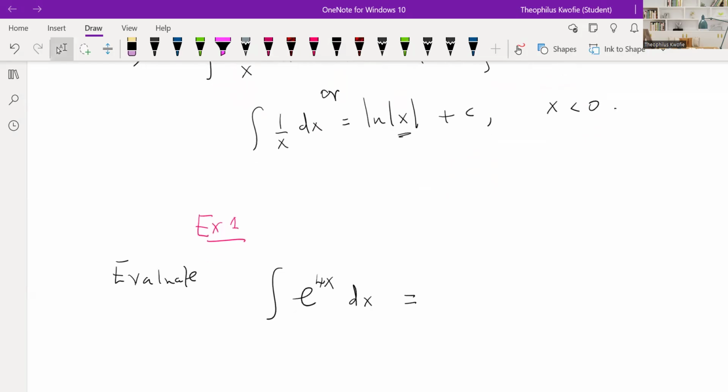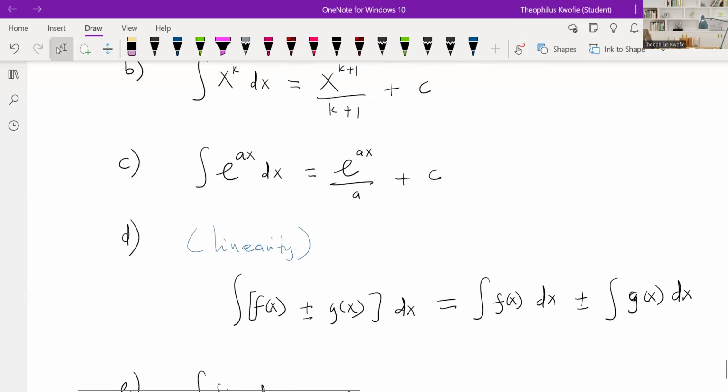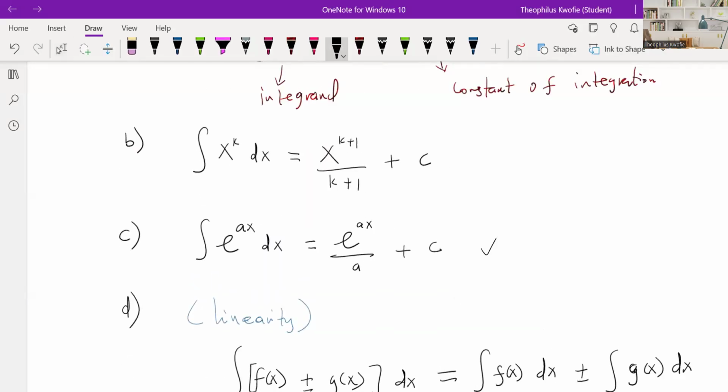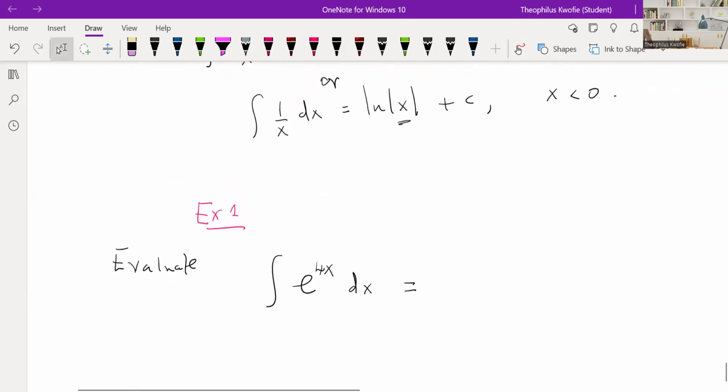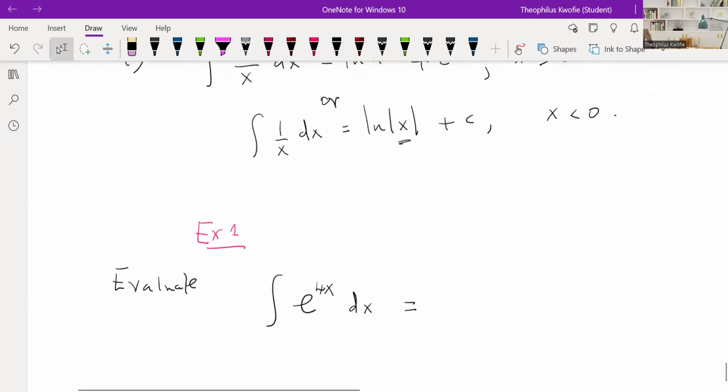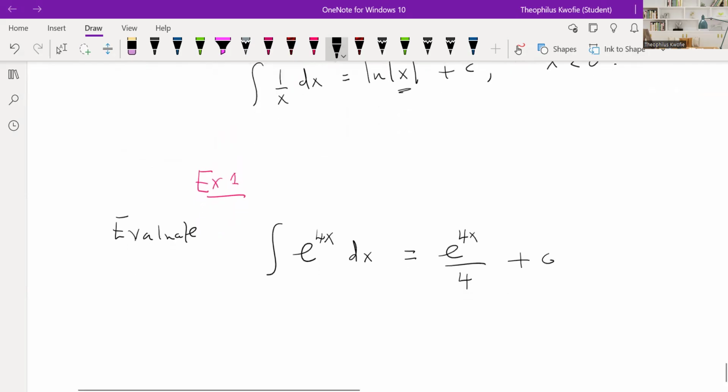According to law C, we claim that the integral of e to any power is that we maintain the integrand, which is e to the power 4x, then we divide it by the coefficient of x, which is 4, then we add a constant c. Is that okay? So that's what we get for that.